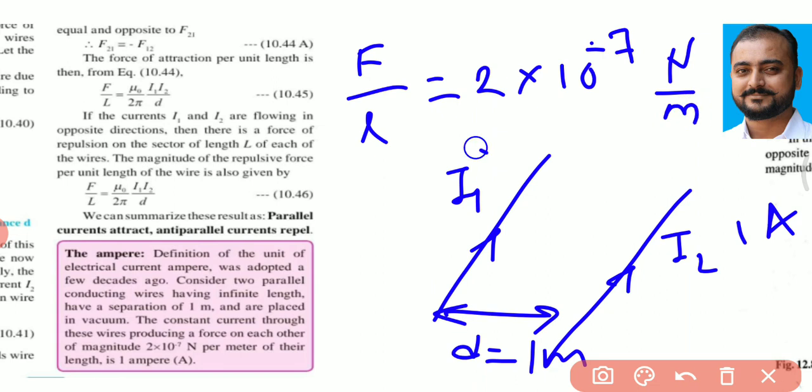Then the current flowing through the two conductors is said to be 1 ampere each.